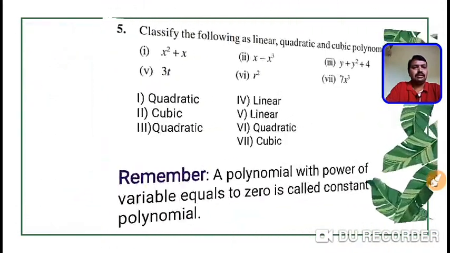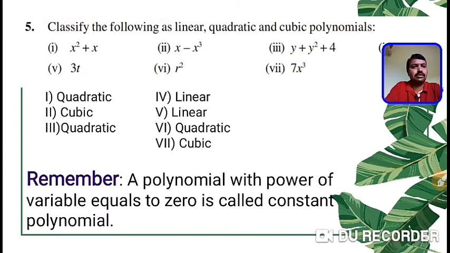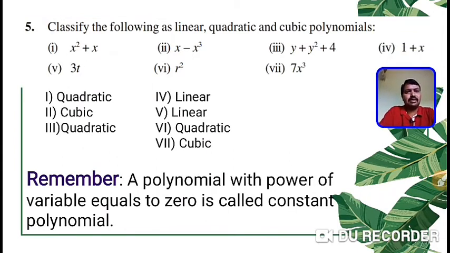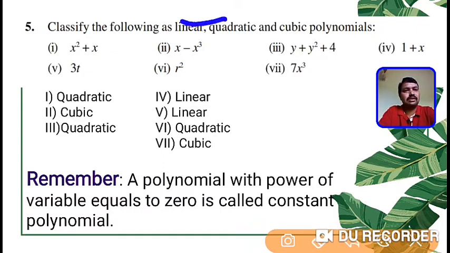So these are the types of polynomial according to the degree. Let us solve our last question of the exercise, that is, classify the following as linear, quadratic and cubic polynomials. I told you that if the degree is 1, the polynomial is called linear. If the degree is 2, it is called quadratic. If the degree is 3, it is called cubic.